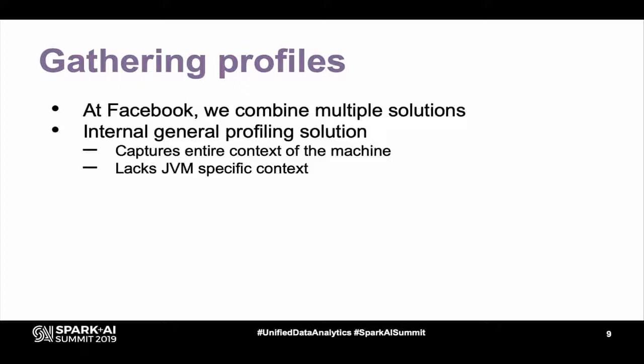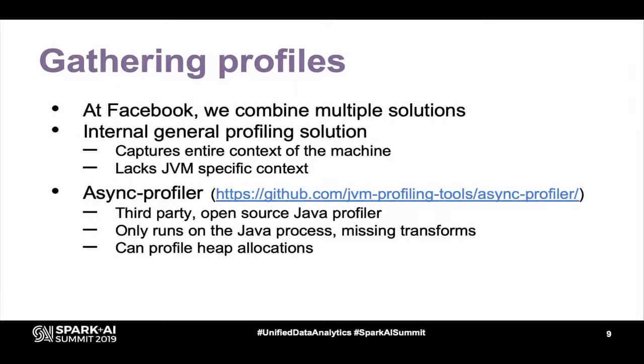For instance, some of the high-level frames, it can't read interpreter code, so a lot of the high-level frames are just marked as interpreter. And when we're trying to look at the macro code paths, that's not very useful to us. And in general, it isn't as smart about attributing some things to make up for what's going on in the JVM. So we also use async profiler.